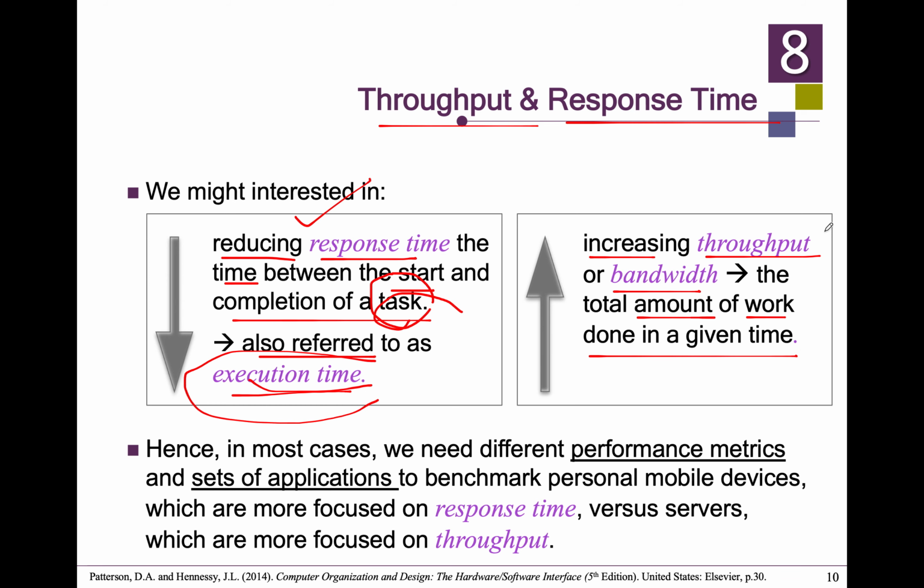So you need to increase the throughput and bandwidth. Hence, in most cases, we need different performance metrics as a set of applications to benchmark our personal mobile devices, your phone, which are more focused on response time, versus servers which are more focused on throughput.